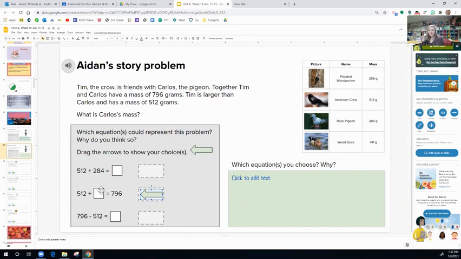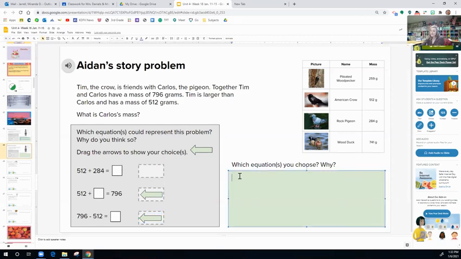So you could put 512 on your timeline, or on your number line. We've been doing time a lot lately, haven't we? On your number line, and you can add up to 796, and then that would be your other mass, or you can use subtraction to solve for the unknown. Now, once you've found these two, you could use this to check to make sure that you get the number 796, which was given to us in the problem.